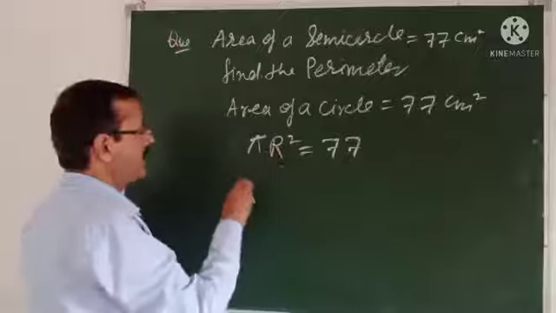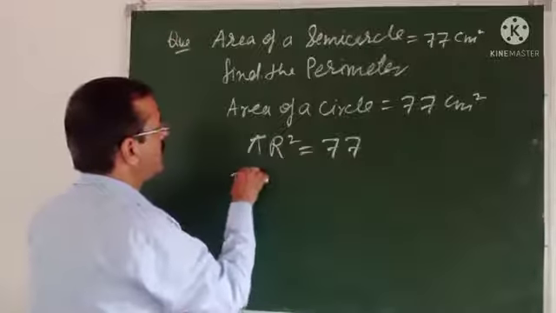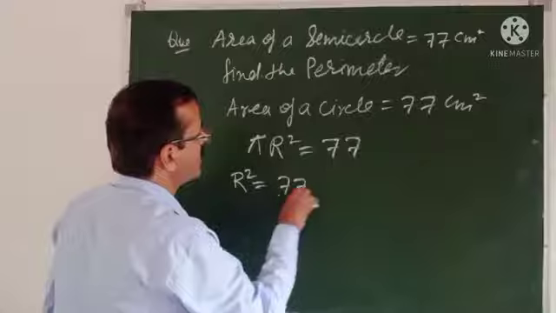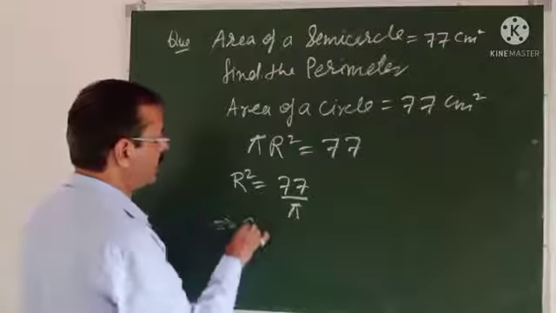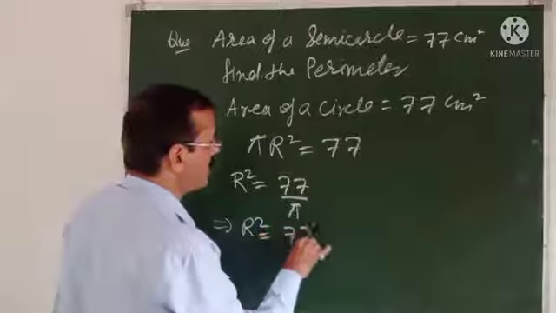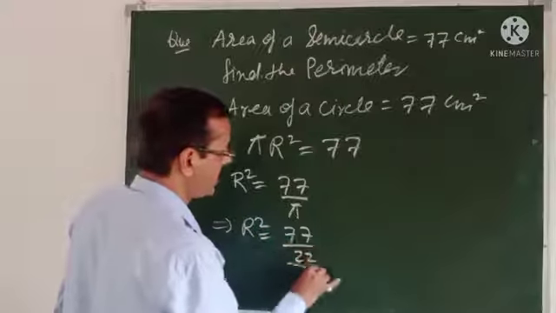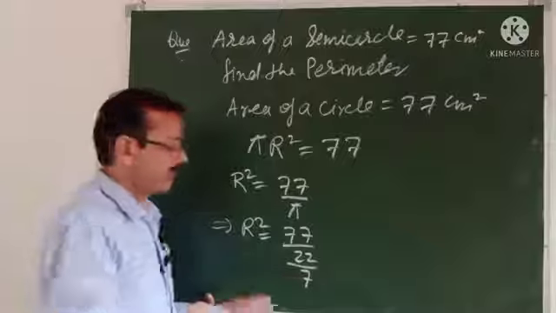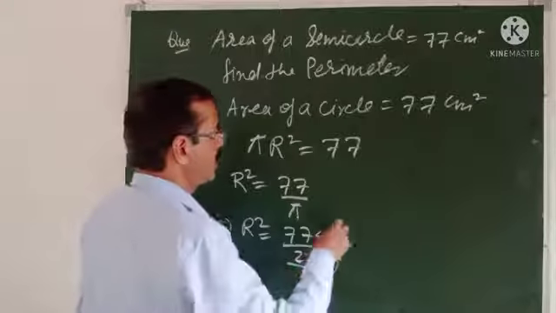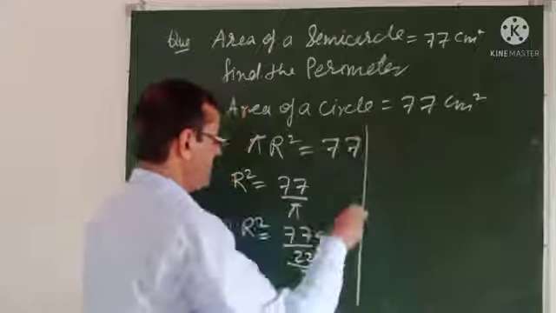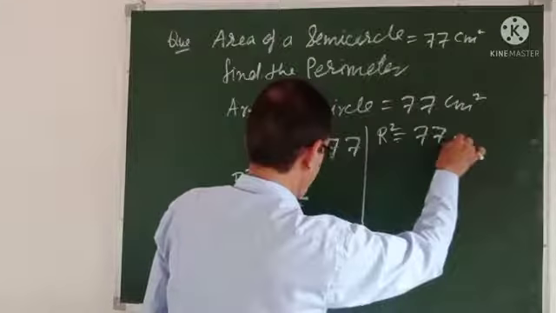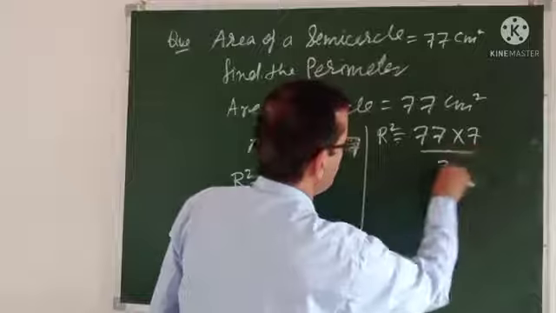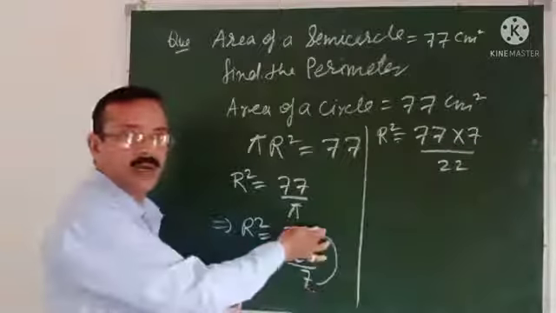You have to find the radius, so it can be written that r square is equal to 77 upon pi. That is 77 upon 22 upon 7. This 7 will come up, so here r square is equal to 77 into 7 upon 22.